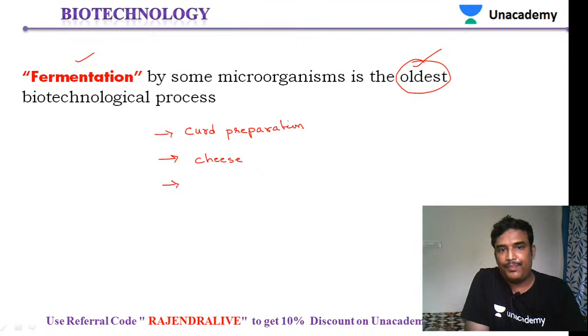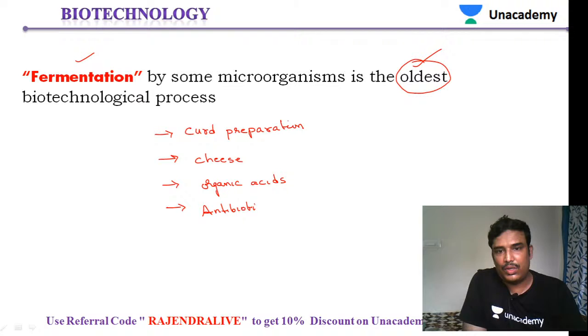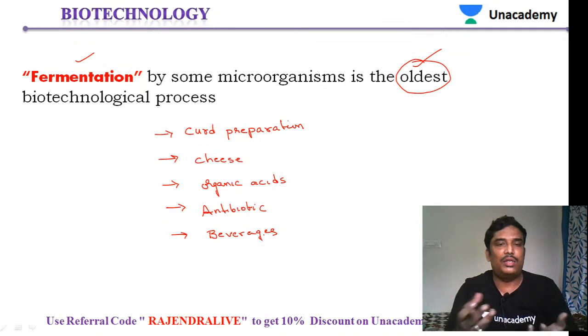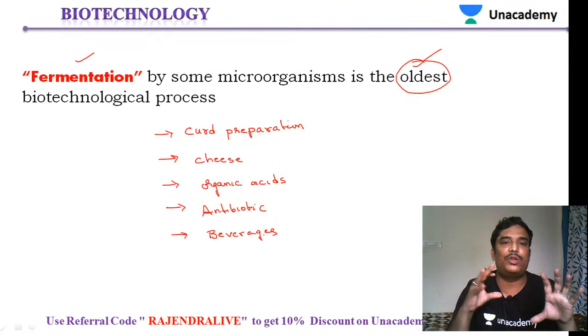Similarly, the preparation of organic acids like citric acid, butyric acid, acetic acid, and the preparation of antibiotics, and similarly the preparation of beverages. All of these are applications of biotechnology.